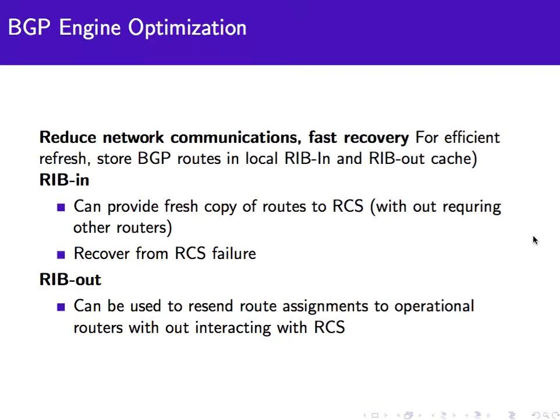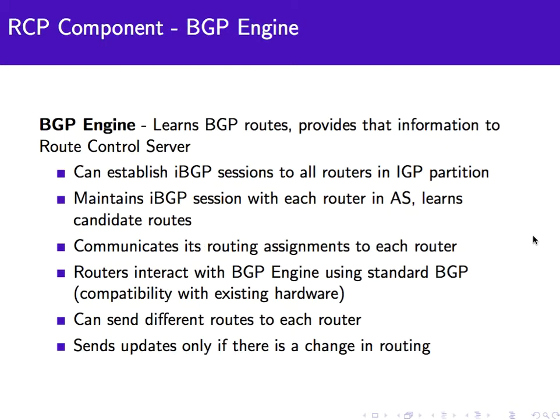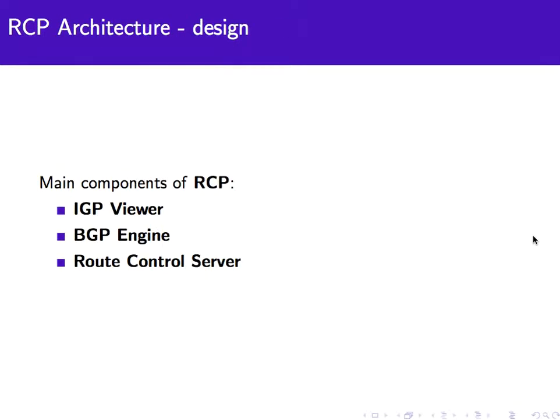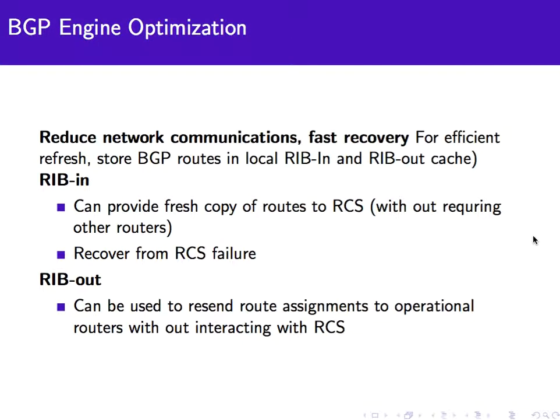So RIB-in can be used, for example, if the RCS fails, and RCS, as we've seen, is the routing control server in our three-component design, which computes optimal routes for everything else. In case of a failure, or when a new RCS is being brought up, the BGP engine can read this data from its own cache and provide it to the router without having to resend or requery the peer routers that it's interacting with.